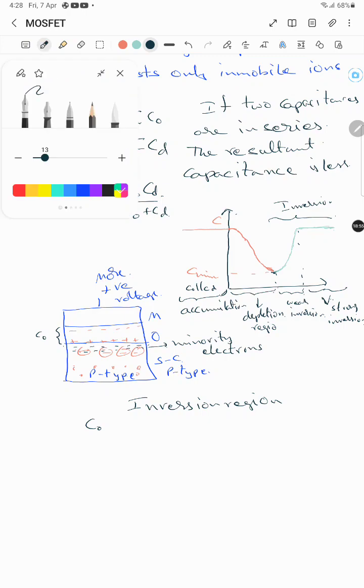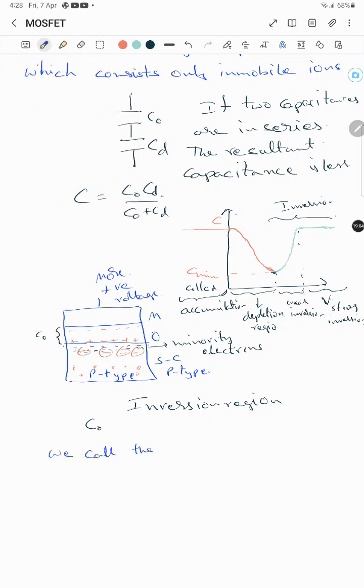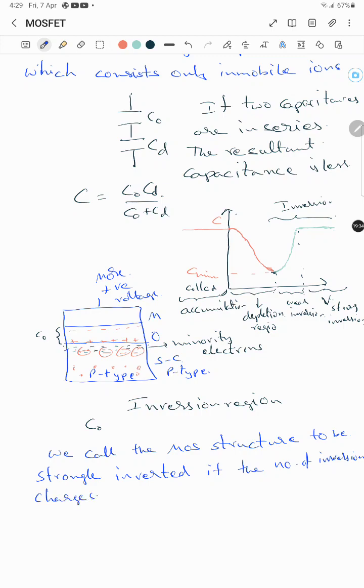We call the MOS structure, or MOSCAP or MOSFET, to be strongly inverted if the number of inversion charges, like here it's electrons, becomes equal to the original charges in the bulk.